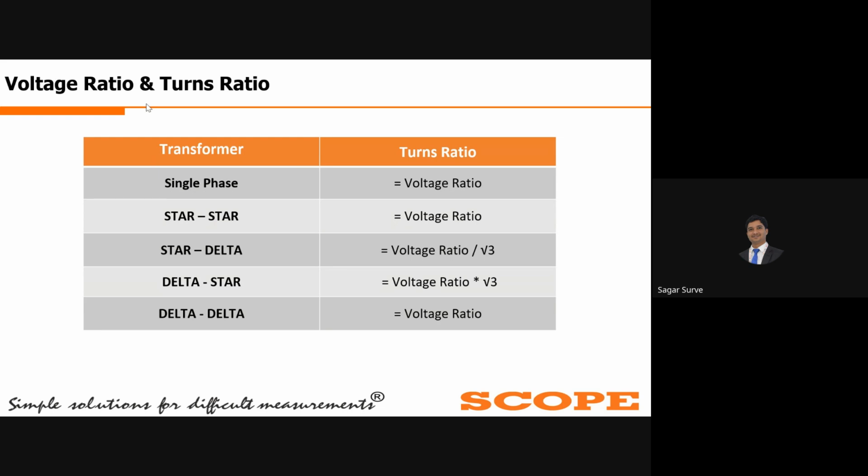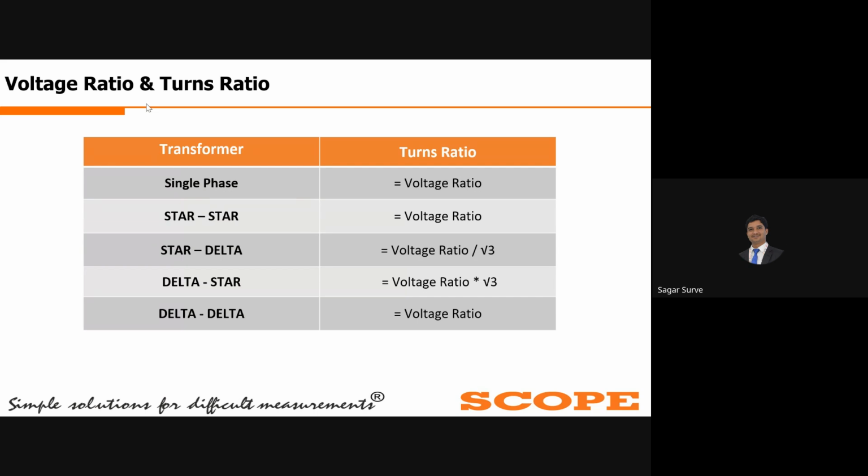Similarly, if the transformer is three phase and both windings, HV and LV, are in the same connection, that means both in star connection or both in delta connection, the turns ratio is equal to the voltage ratio.